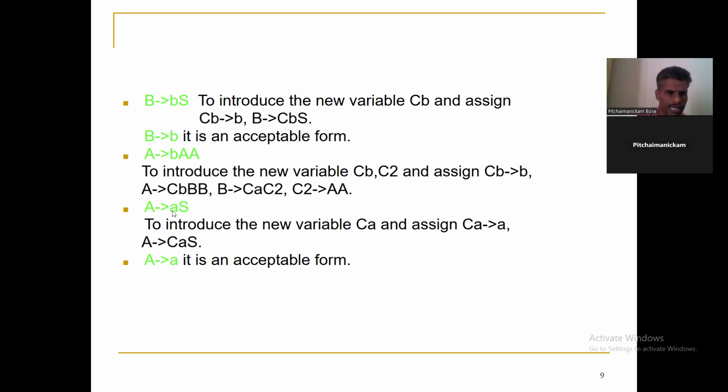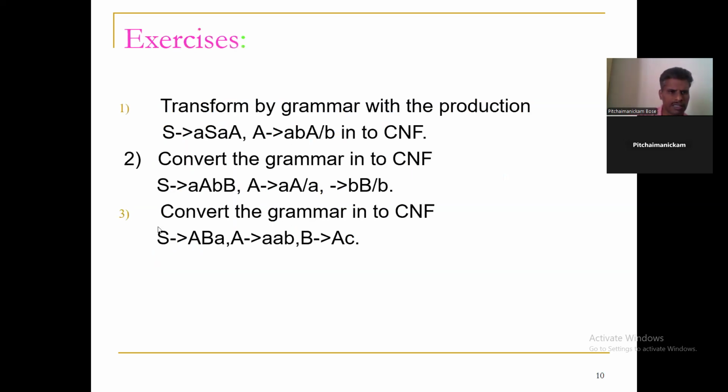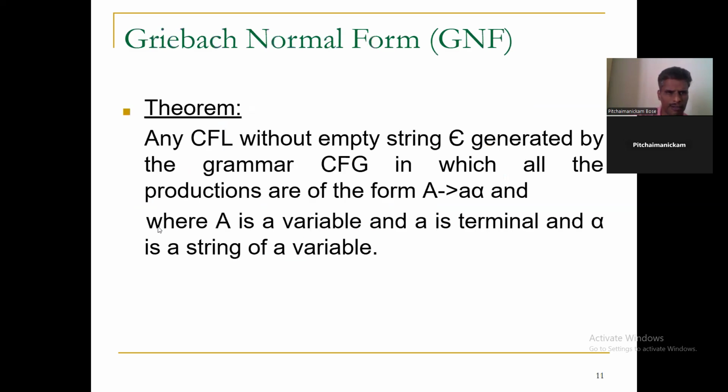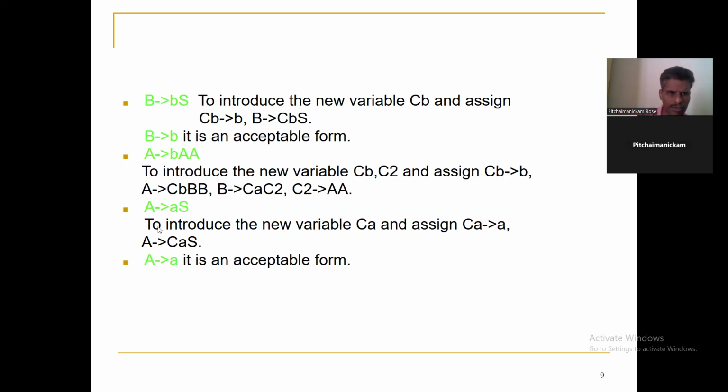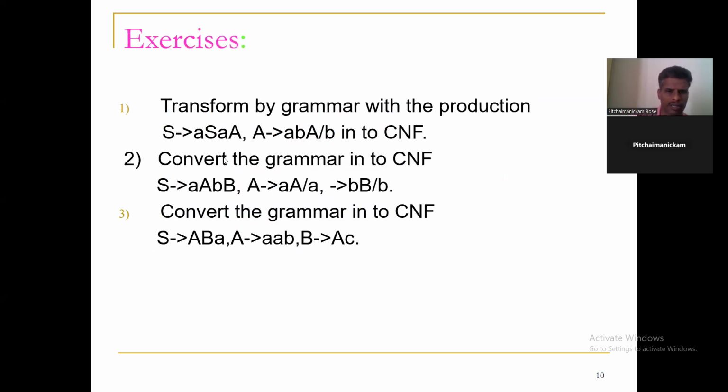Next production: A derives aS. Using the variable Ca with Ca derives a, A derives CaS. A derives a is already an acceptable form. Now all the productions are converted into CNF. Next is the exercise.